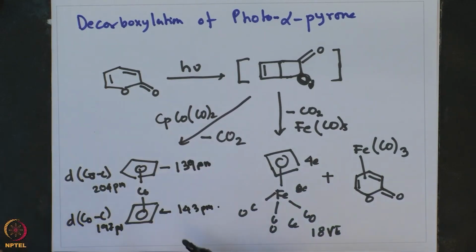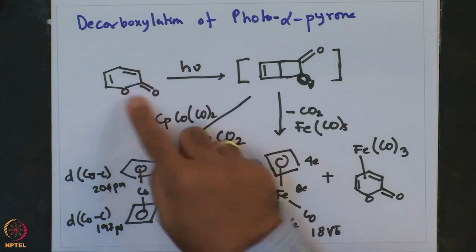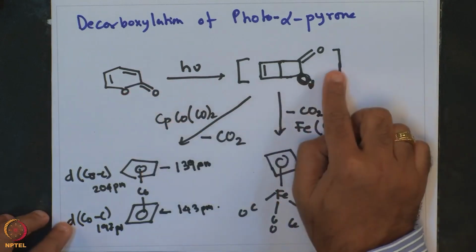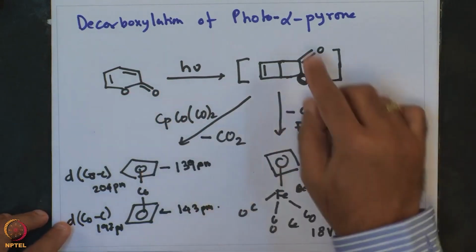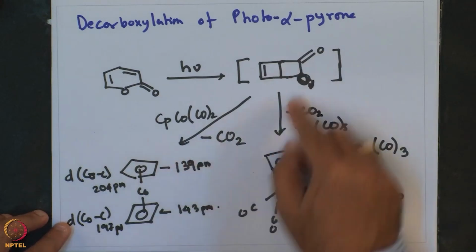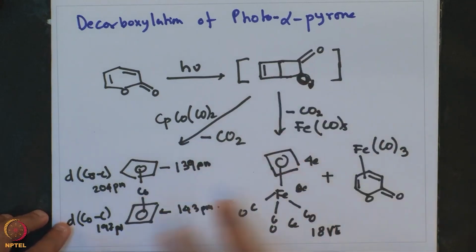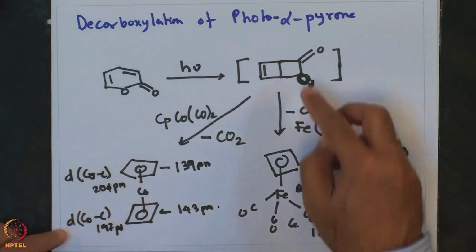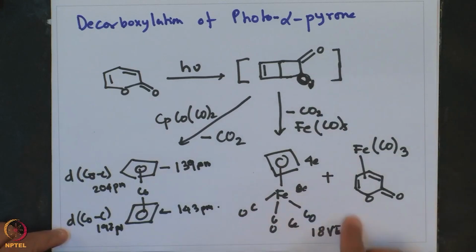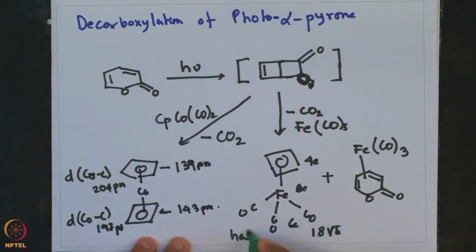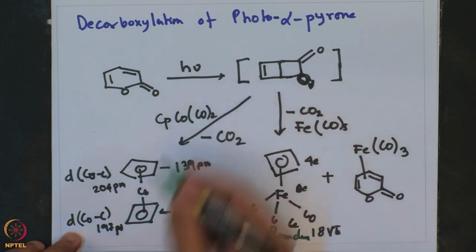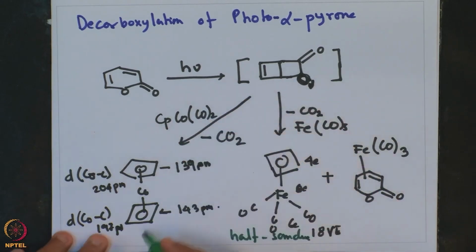So, this also is a very interesting example where by using light one generates this very highly unstable intermediate, and that releases carbon dioxide with the generation of cyclobutadiene, and that can be complexed with iron carbonyl to give this half sandwich compound, and can also react with cyclopentadienyl cobalt dicarbonyl to give the sandwich compound.